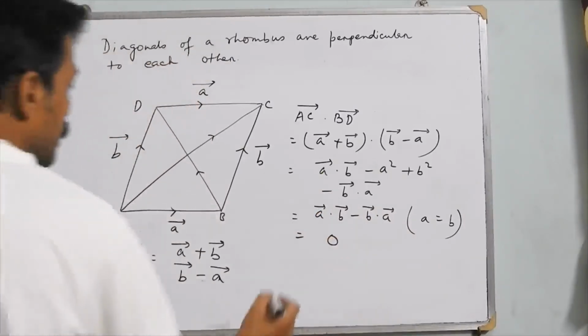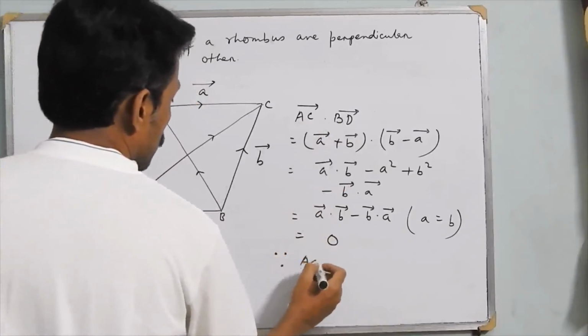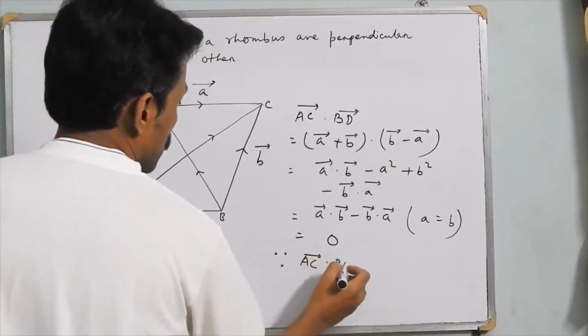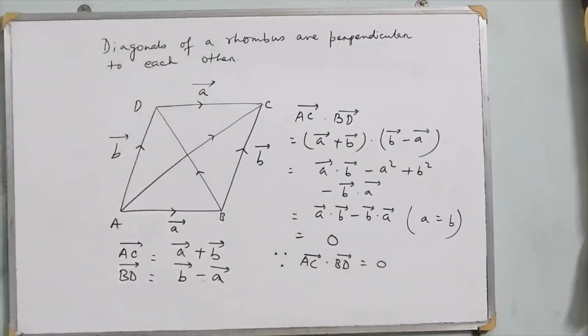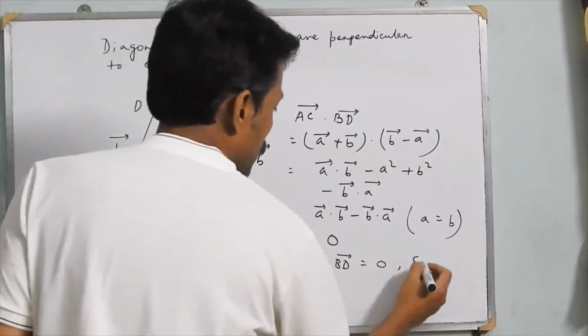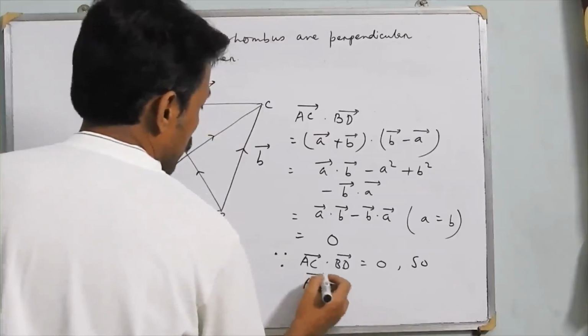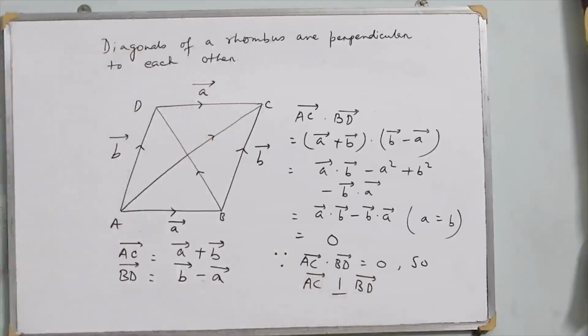So since AC dot BD is 0, if the dot product of two vectors is 0, it means that the vectors are mutually perpendicular. So we can say AC vector is perpendicular to BD vector, which was the requirement of the question to show that the diagonals of a rhombus are perpendicular to each other.